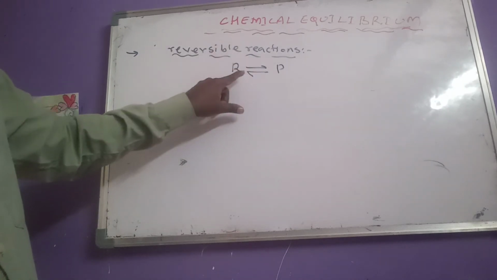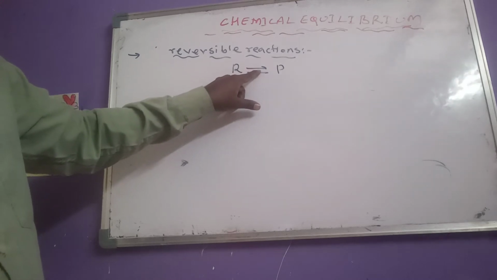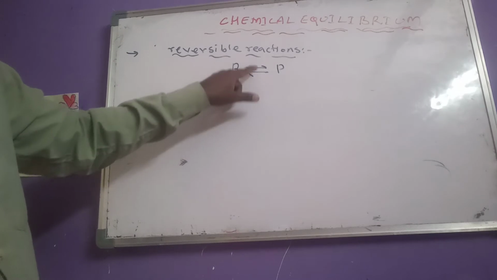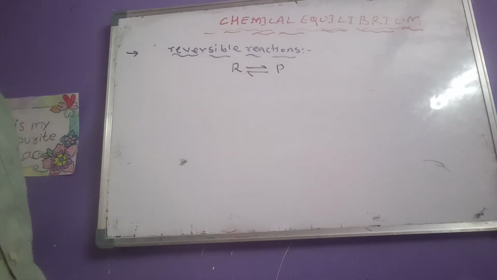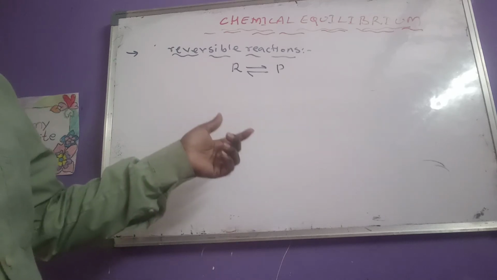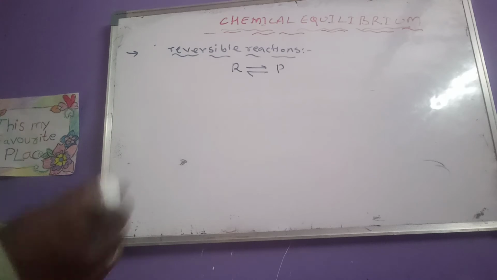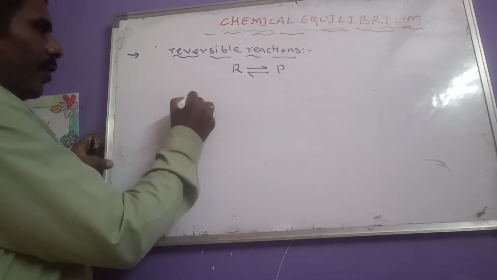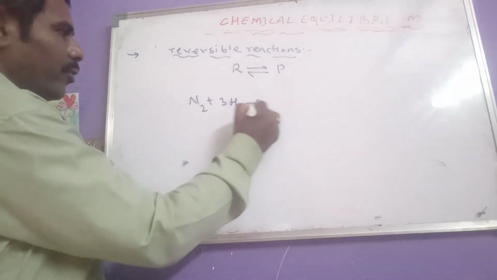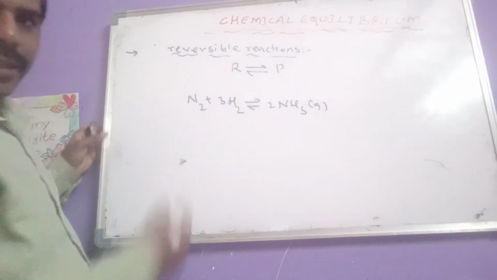This reversible reaction is indicated with half-headed arrow marks pointing in opposite directions. With this symbol, we can indicate a reversible reaction. What are the examples of reversible reactions? First, N2 plus 3H2 gives 2NH3, all present in gaseous state.